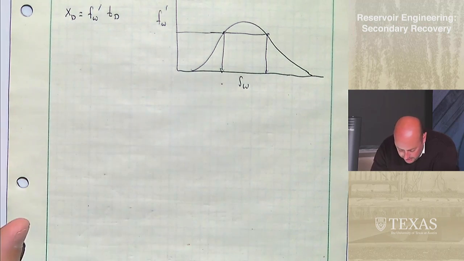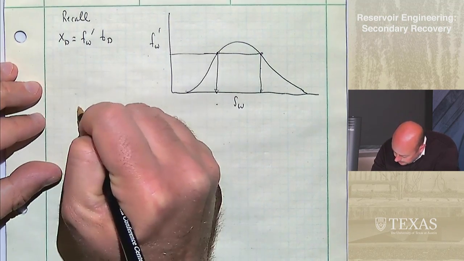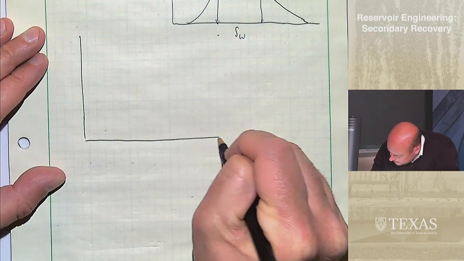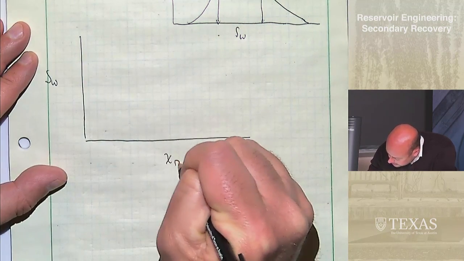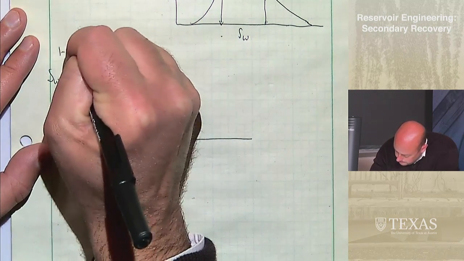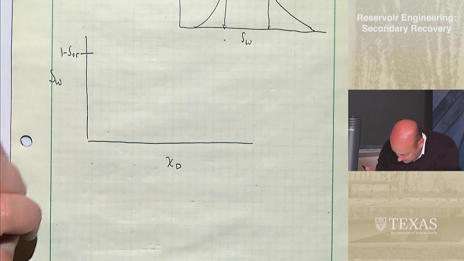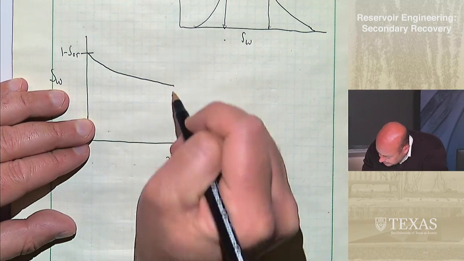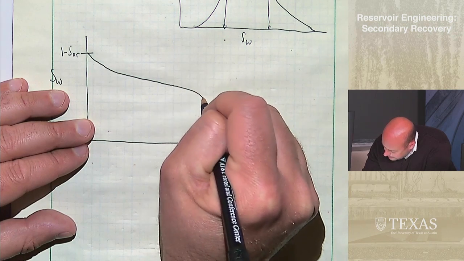And because of that, if I went through the process I just explained, you would get a plot that looks something like this. This is SW. This is the dimensionless distance along the reservoir. This is 1 minus SOR. The water saturation would start to decrease. Well, that makes sense. But you would continue to make your plot.